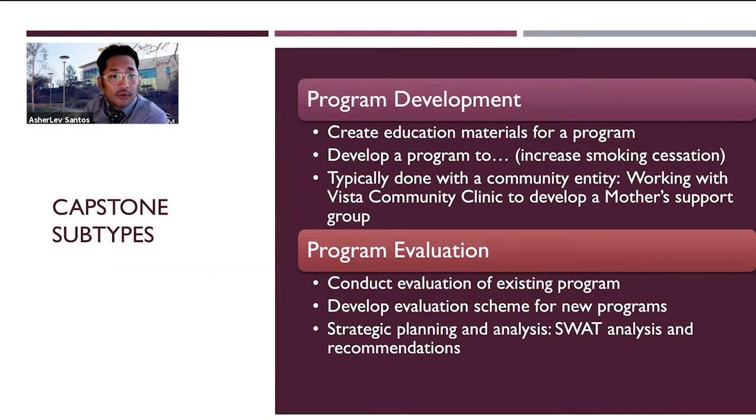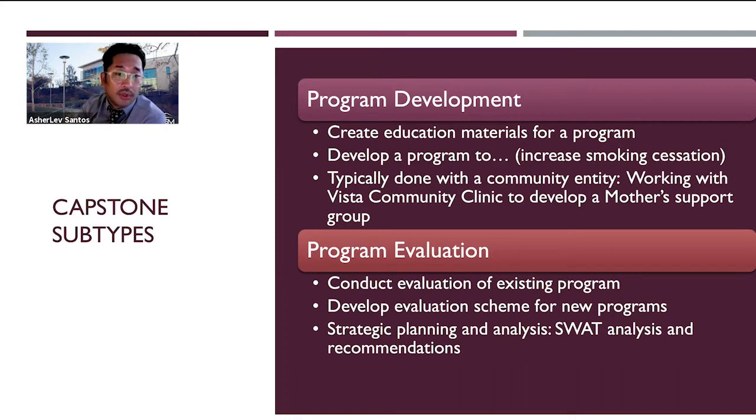Capstone subtypes, however, in general can be thought of as either developing something or evaluating something. Right? You might create education materials as a group around healthy eating, for example, or develop a program to increase physical activity.